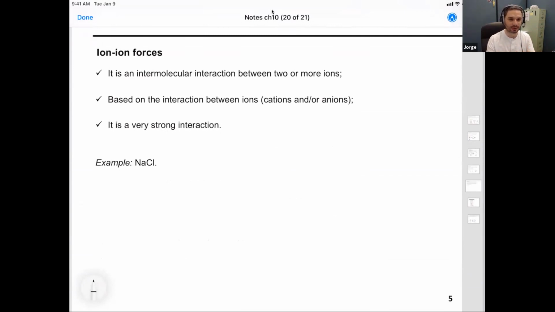Ion-ion forces are an intermolecular interaction between two or more ions. Is based on the interaction between, of course, ions that can be cations interacting with anions and vice versa. And because we have two charges, this is a very strong interaction.